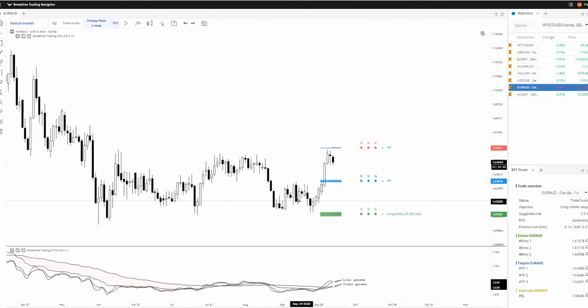If you don't understand strategy mode yet, you won't be able to understand X mode. But if you do want to hear me explain X mode, I already have a video on it on YouTube, on our channel US30. That video explains everything we'd go through now, and goes through a lot of examples. So watch that video. It goes through exactly what you want to hear.